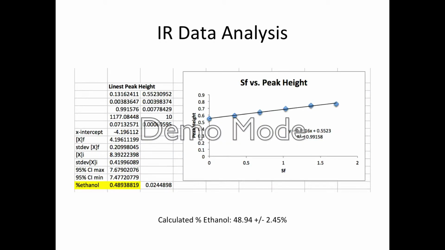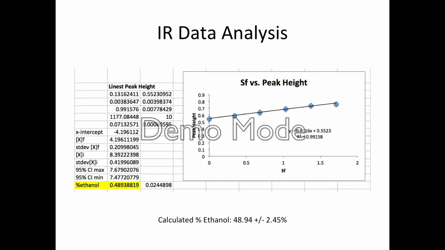And so here, plotted on this graph, we have SF, which is ethanol concentration, versus peak height. And as you can see, the best fit line has a slope of 0.1316 and an intercept of 0.5523 and an R-squared value of 0.99158. So that's very linear.